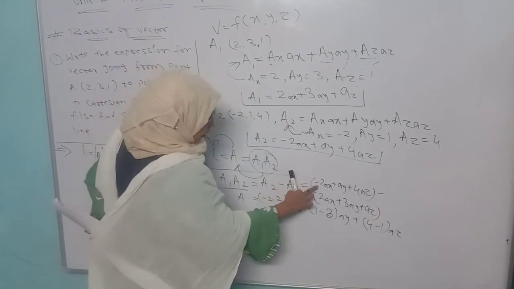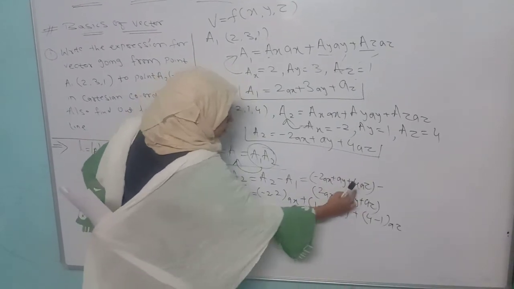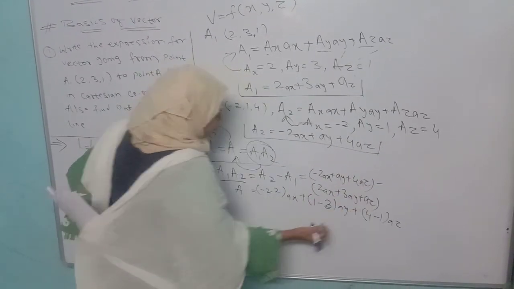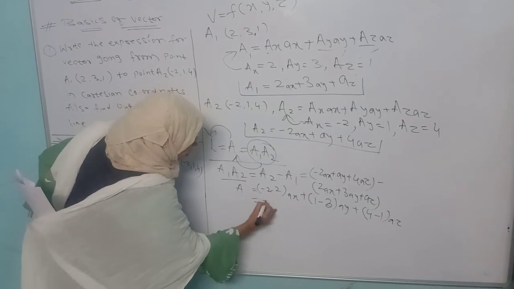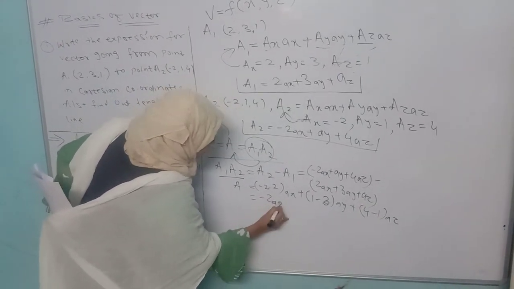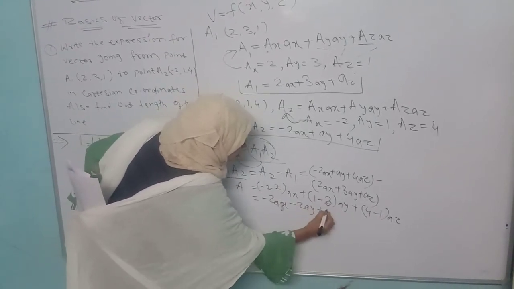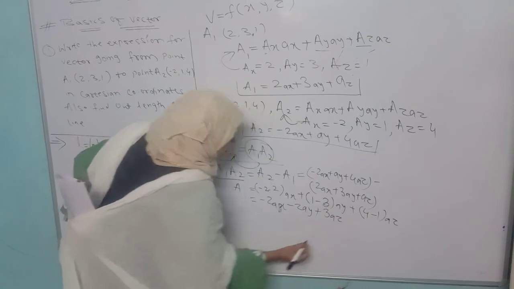See here, minus 2 minus 2, 1 minus 3, and 4 minus 1. So this equation will become minus 4ax minus 2ay plus 3az.